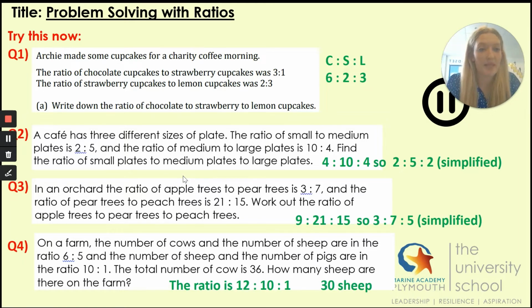Here we go. Ticking in green pen. Okay, and pausing it if you need more time to tick and correct. And moving swiftly on.